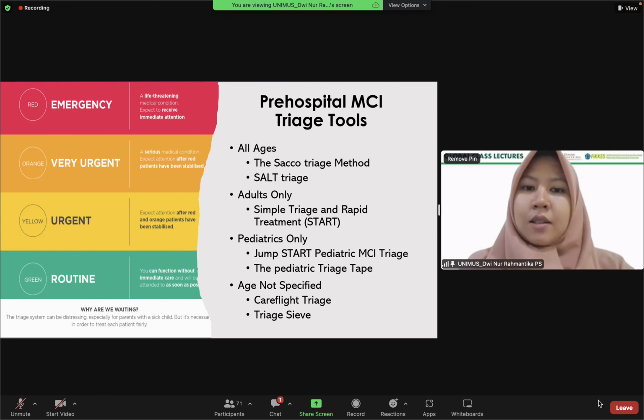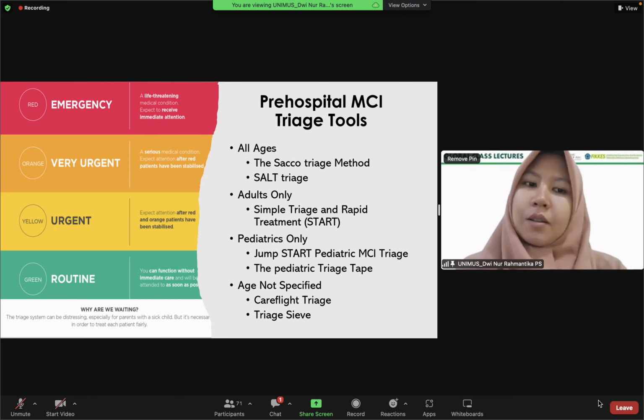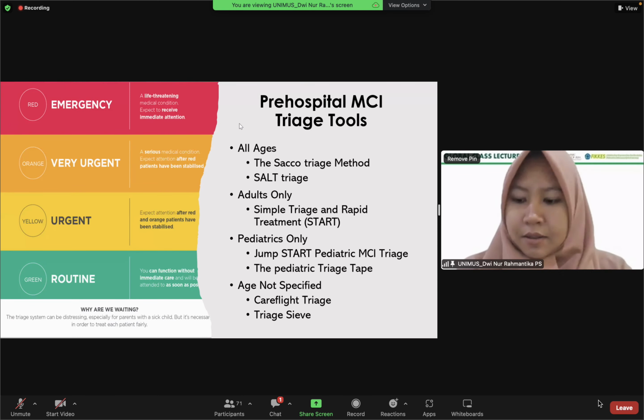But it's rarely used. I don't know, maybe for research, its effectiveness is less than the others, or because of other reasons.